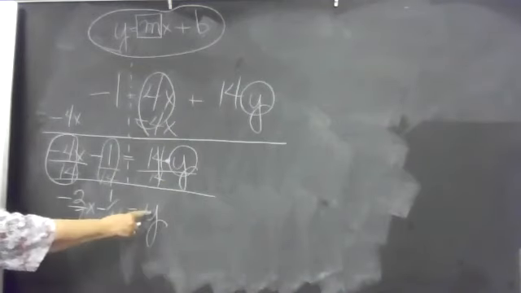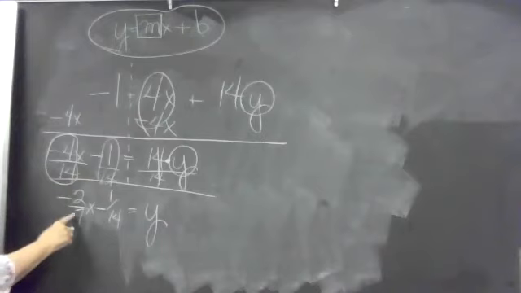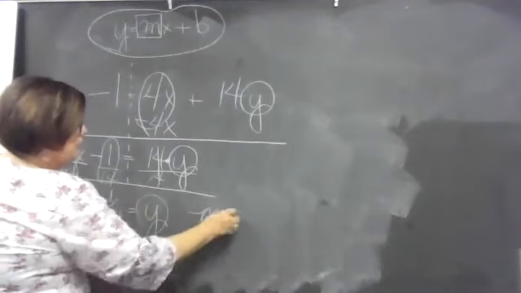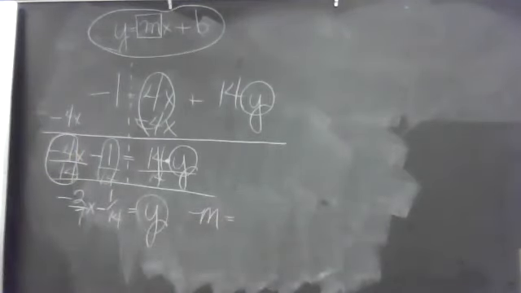And as long as I have y by itself, here's the mx plus b. So if the y is by itself, what is my slope? -2/7. -2/7.